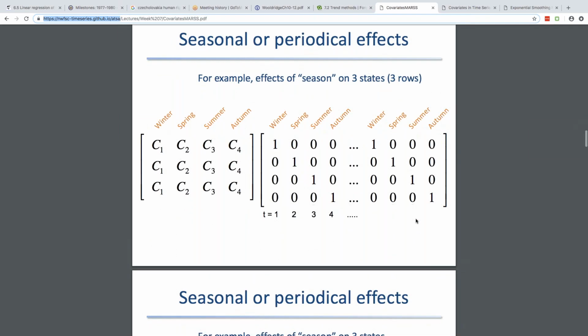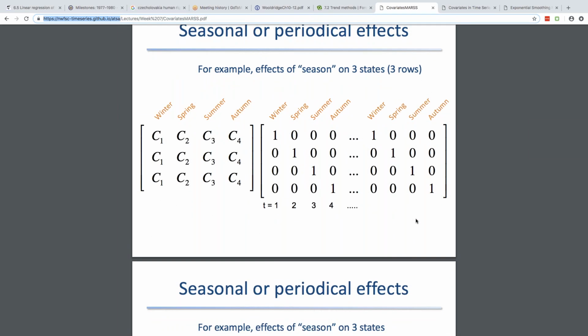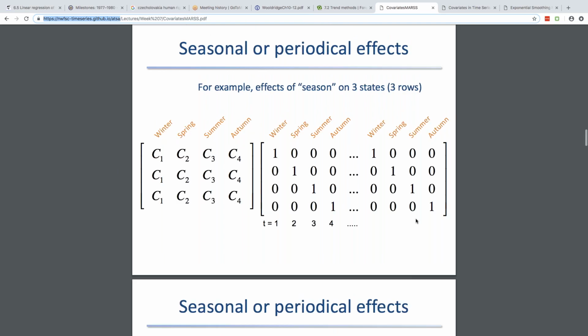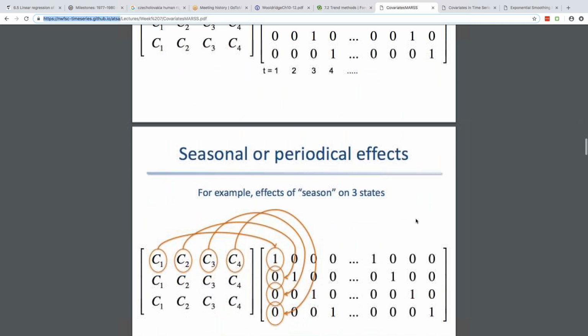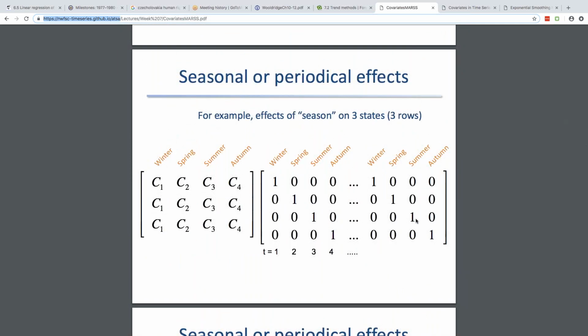Season can be included in a model in a few different ways. So one way is that you include season as a factor.